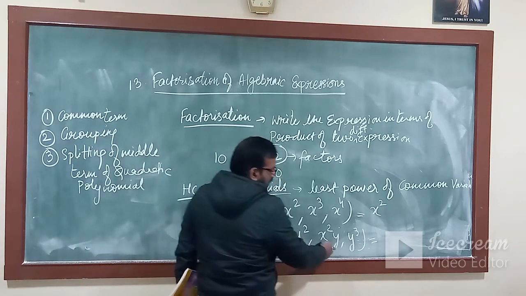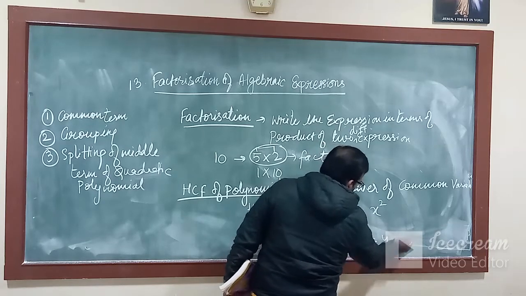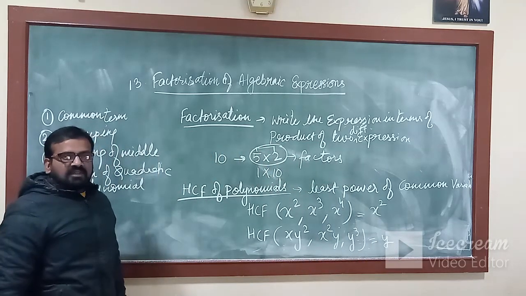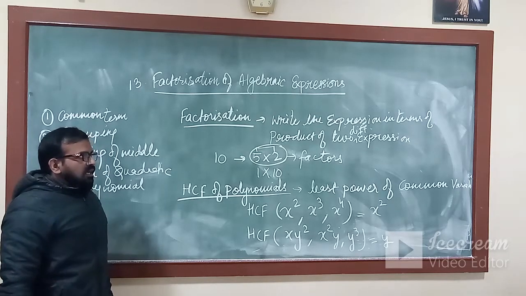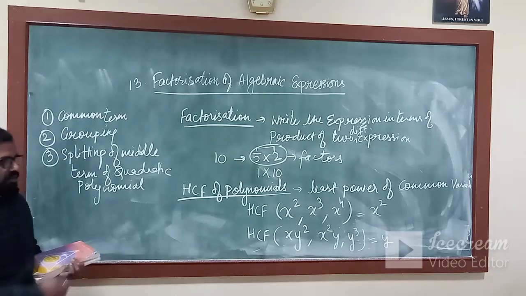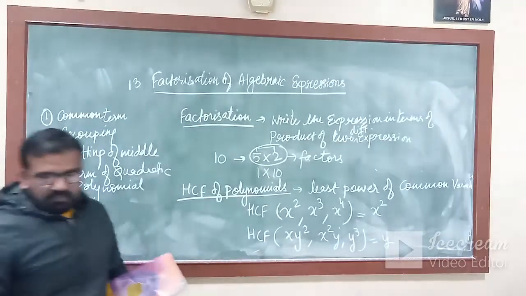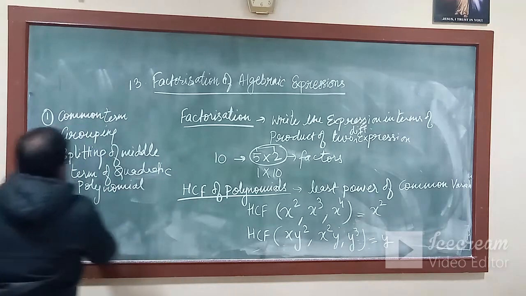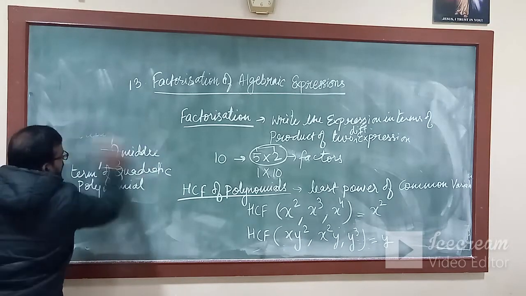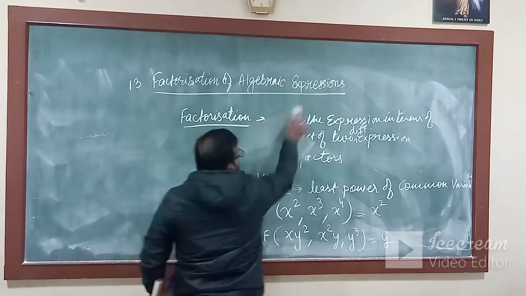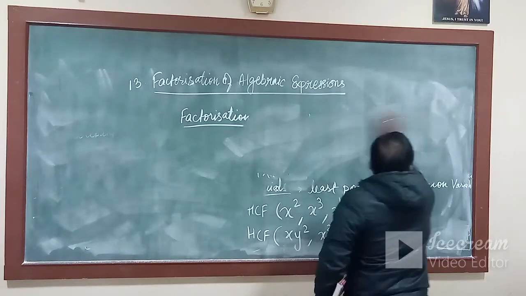The least power of y is y, so its HCF will be y. In this manner we calculate the HCF of algebraic expressions, polynomials or respective terms. We have to remember these points, that we have to calculate the HCF of the given terms.